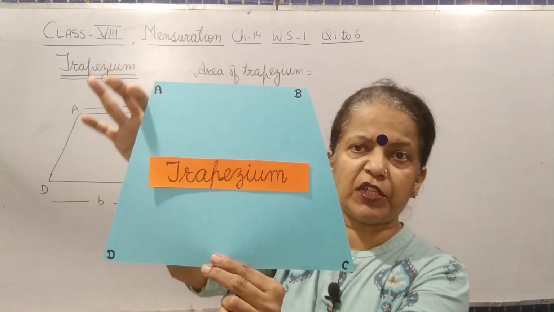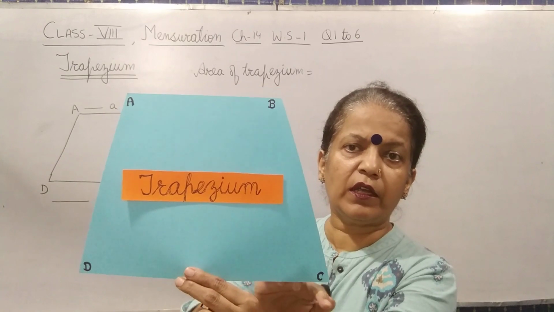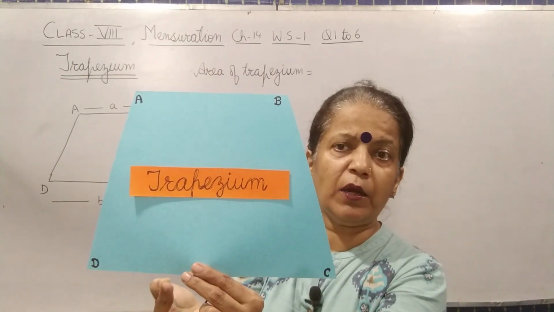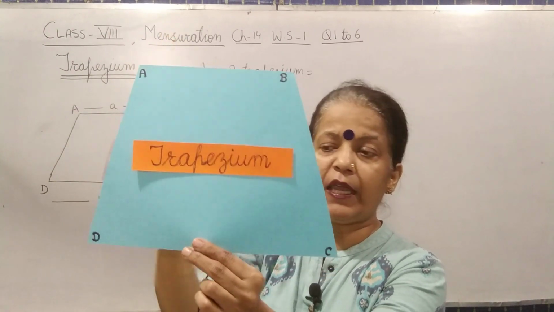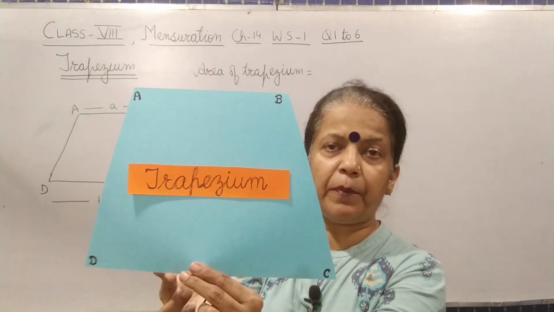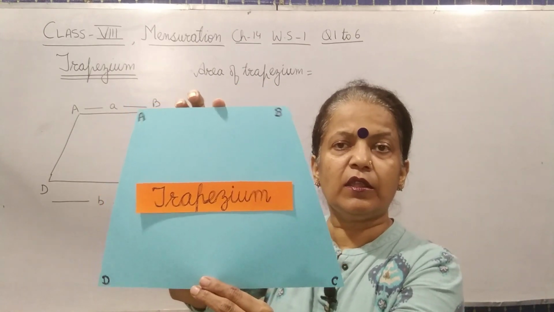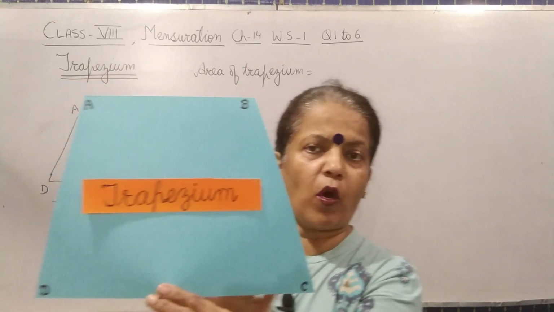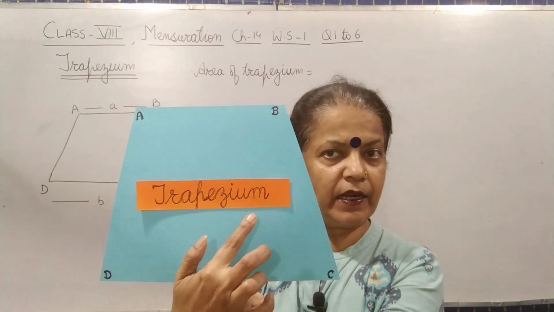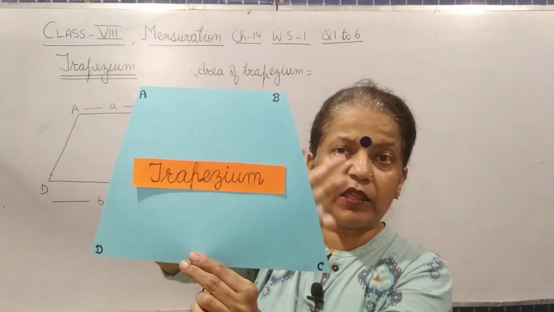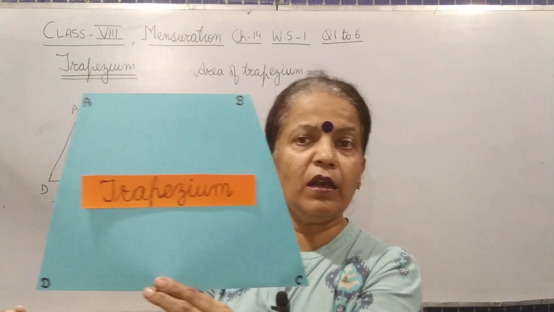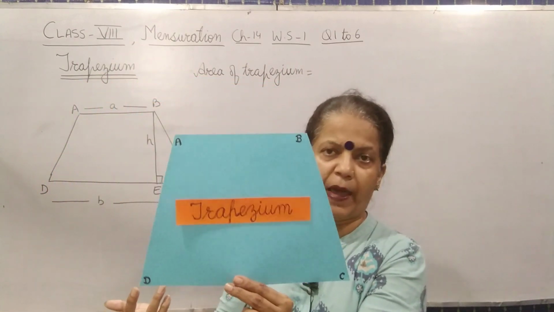Such a type of quadrilateral in which at least one pair should be parallel to each other is called a trapezium. Clear? The other two sides can be parallel or not parallel.